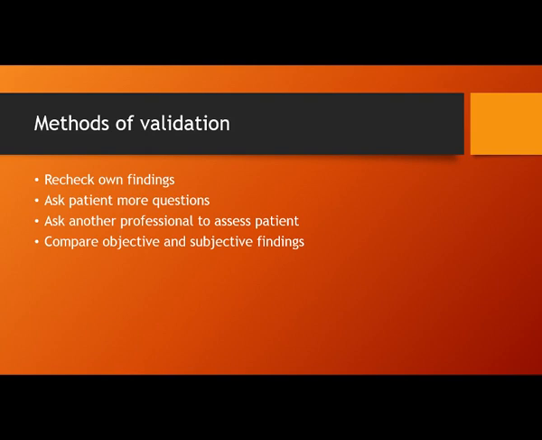You seem to have a discrepancy, but if you ask the patient some more questions, then they're able to clear it up. And another thing you might do is to ask a physician, a nurse, somebody else to come take a look at your patient and see what they think. And then comparing objective and subjective findings would be another way of validating.